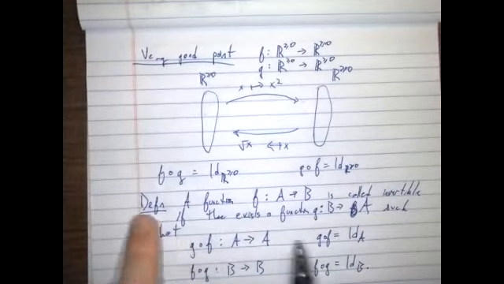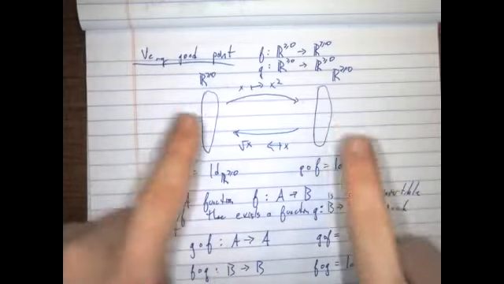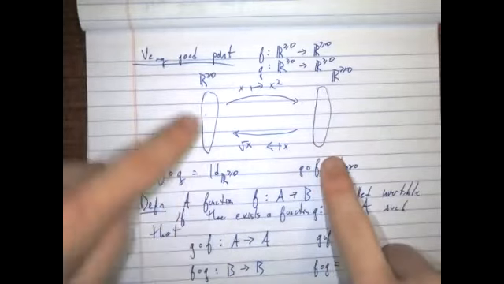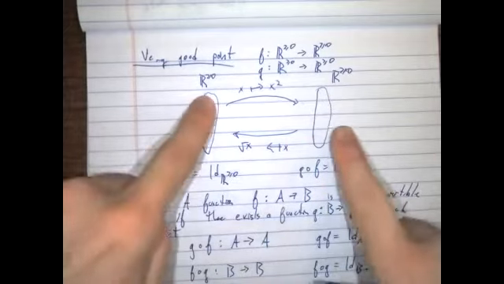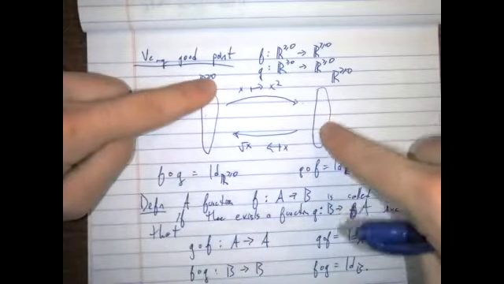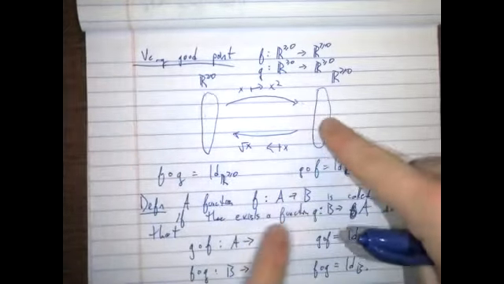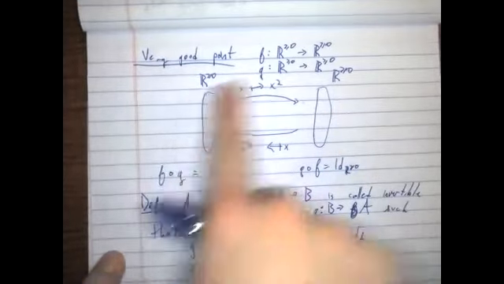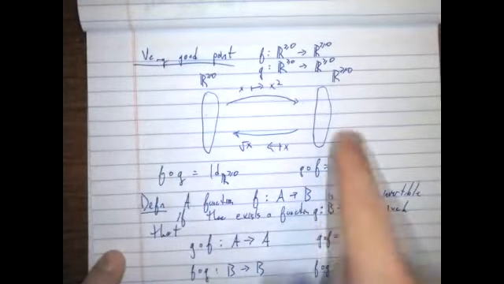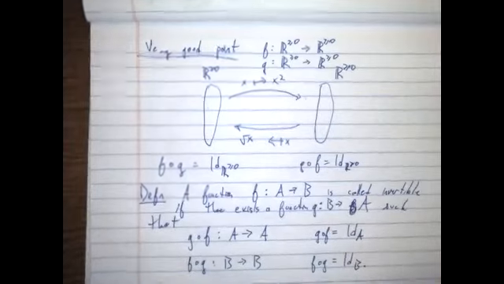So in other words, my definition of invertible is that I set up a function f from a to b. I need to be able to set up a function going in the other direction from b to a, such that when I compose in either direction, I get the identity function. I go back exactly where I started.